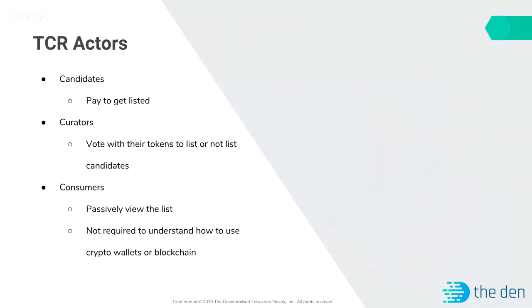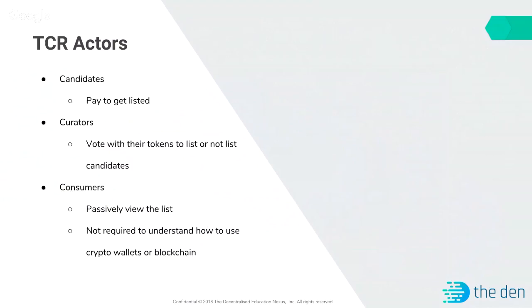Then we have curators. These are people who vote with their tokens to list or not list a candidate on the registry. Curators take a very active hand in the things that can get listed on a TCR.